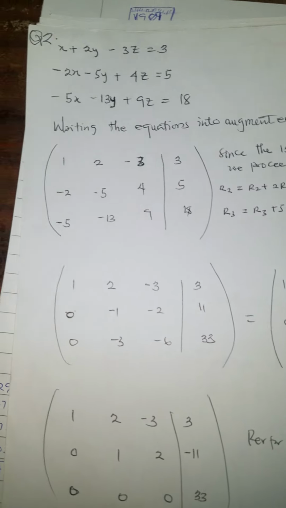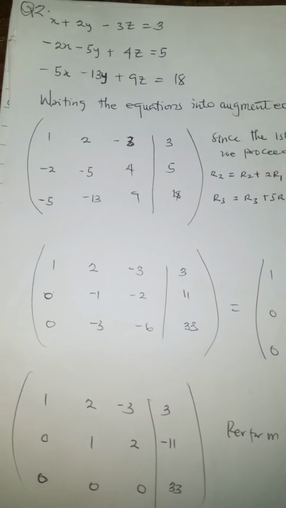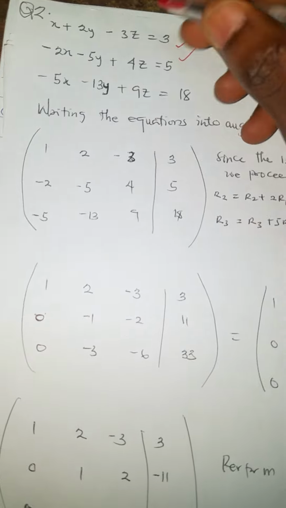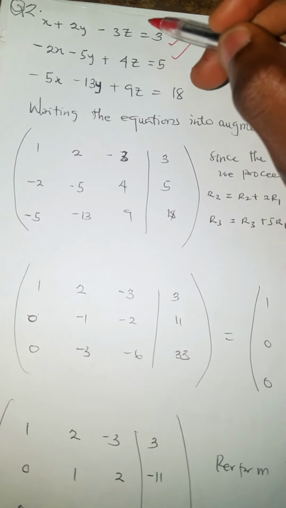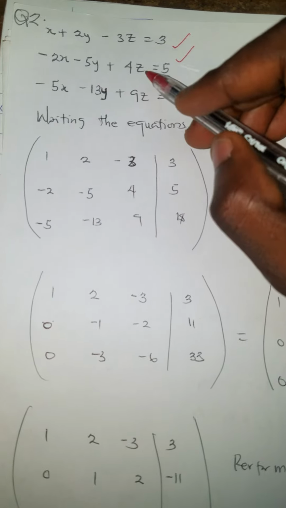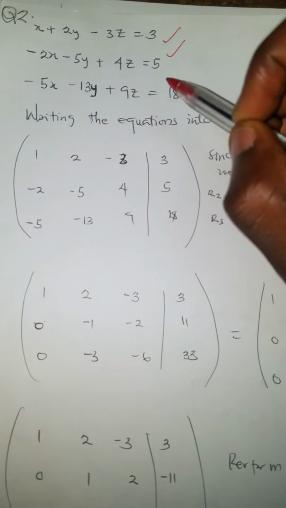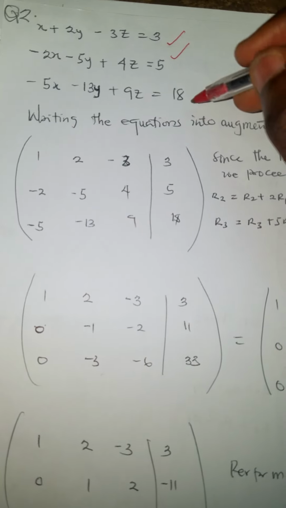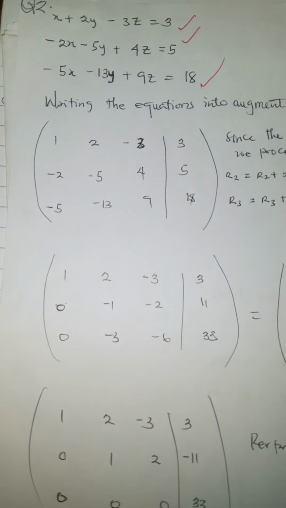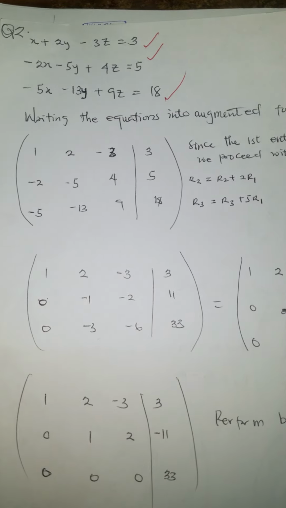We want to look at this one. So this is a system given to us. X plus 2y minus 3z is equal to 3, minus 2x minus 5y plus 4z equals 5, and minus 5x minus 13y plus 9z is equal to what? 18. These are three equations, and it's a system.